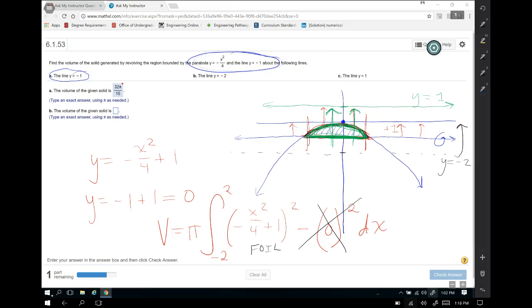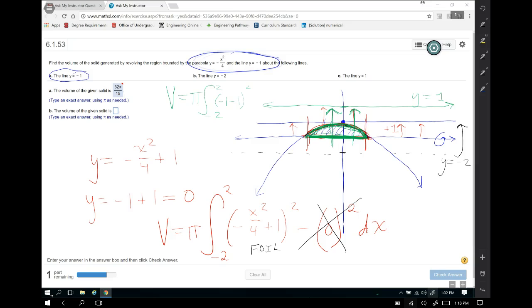So for that one, we would say for part C, volume is pi integral -2 to 2. Now the outer is y equals -1. But we have to shift everything down 1 so that y equals 1 lines up with the x-axis.